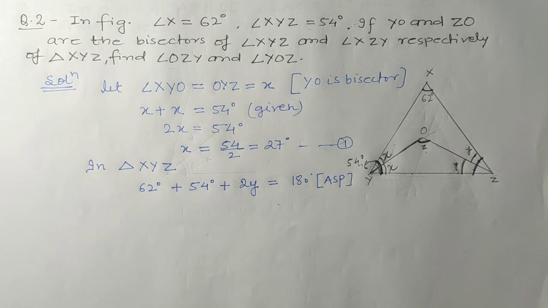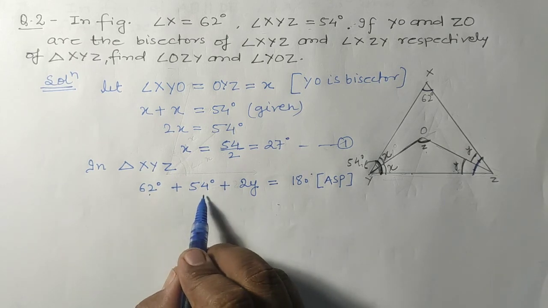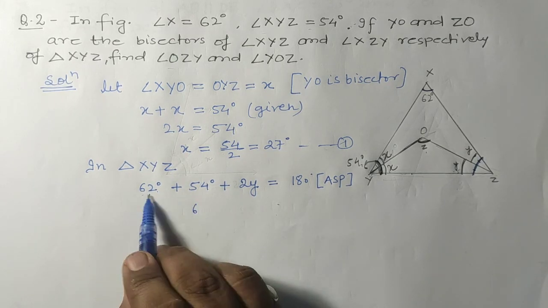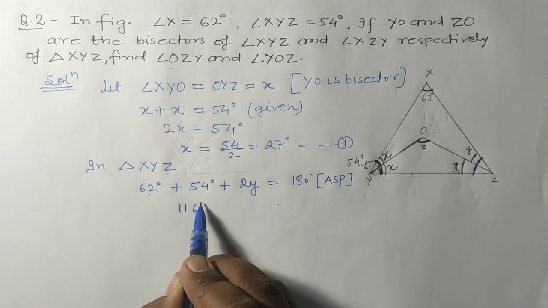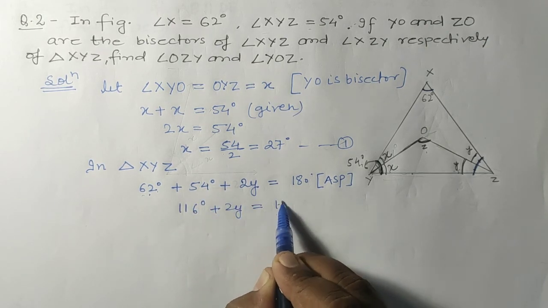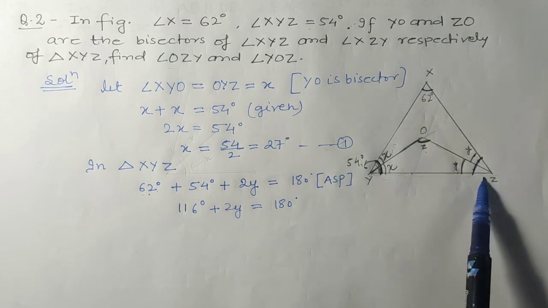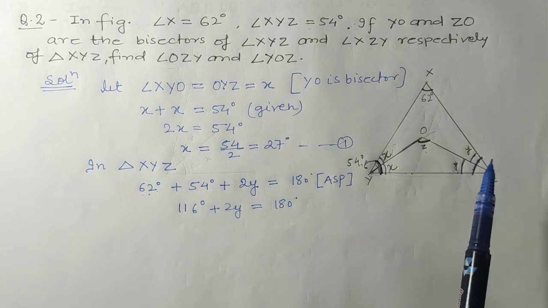Okay, you will write it in the full form: angle sum property of triangle. Now 62 plus 54 is 116 degrees, plus 2y is equal to 180 degrees. These are the sum of all angles of a triangle.